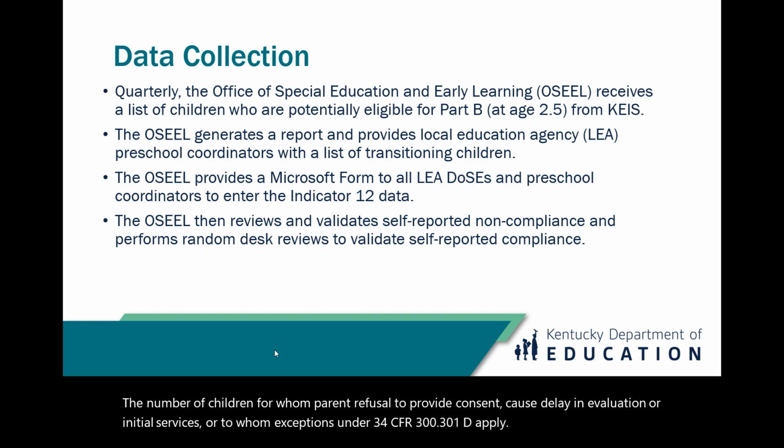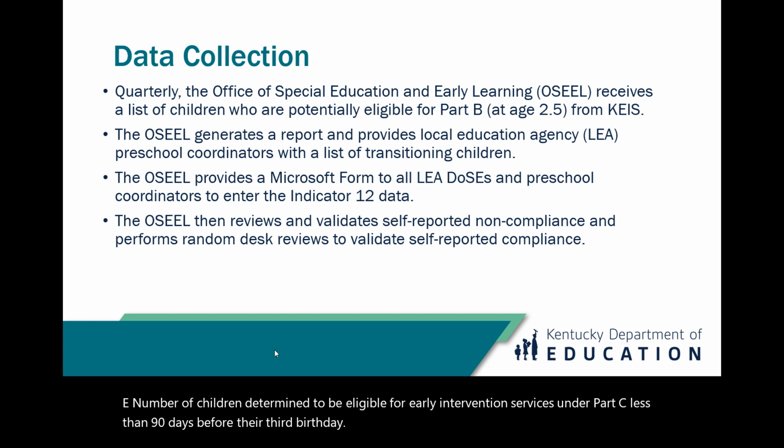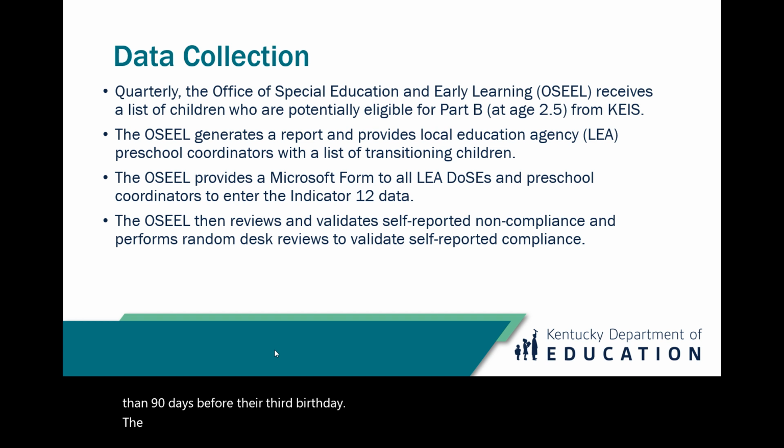E. Number of children determined to be eligible for early intervention services under Part C less than 90 days before their third birthday. The percentage is calculated by percent equals C divided by A minus B minus D minus E, multiplied by 100.